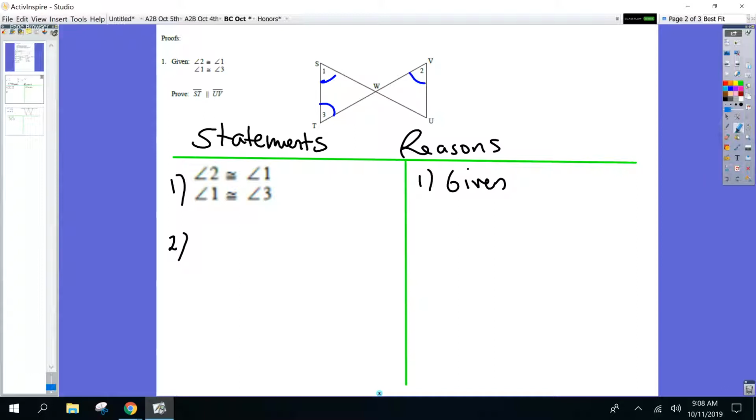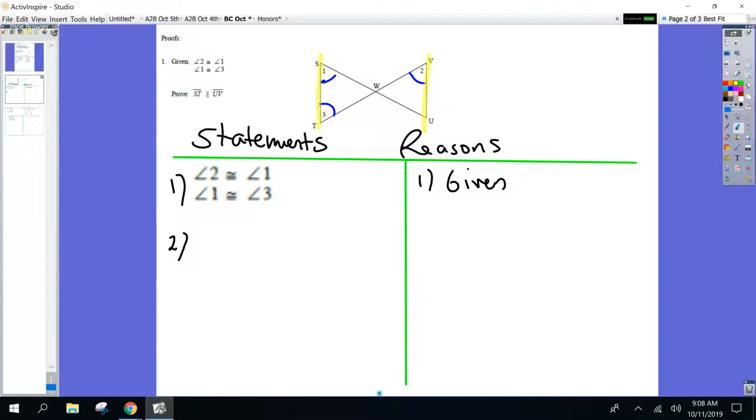Here you go. Ready? Those are my parallel lines. What are the alternate interior? We sure about that, or is that just your group speaking? Okay, then give me another pair. You're not off the hook yet, because I'm not going to accept that. 2 and 3 are congruent, yep.